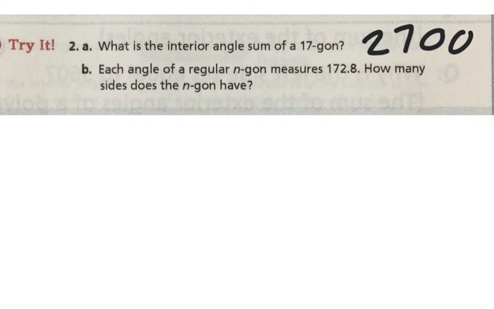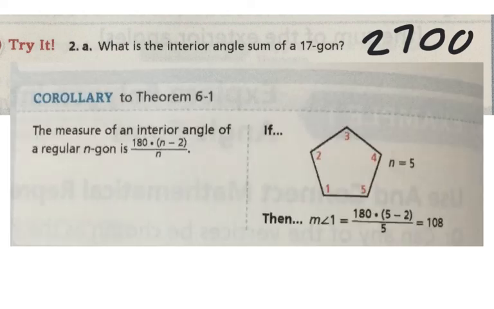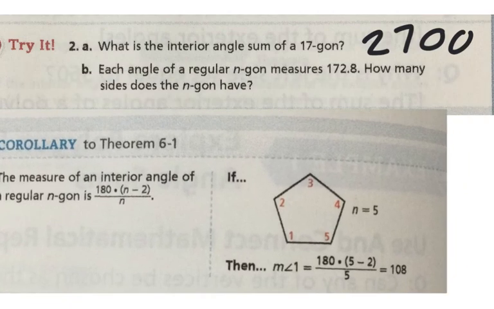Now, the next one, we haven't really looked at a problem like this yet, so I'm going to go over it now. They use the word regular. We've talked about regular a little bit in the past.